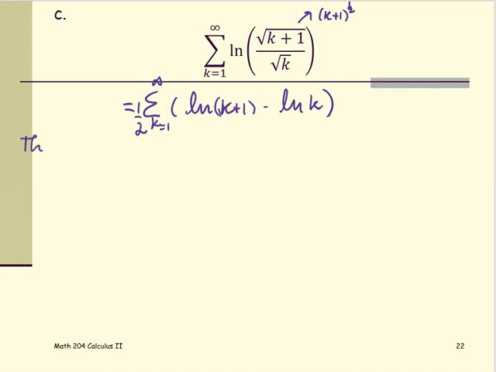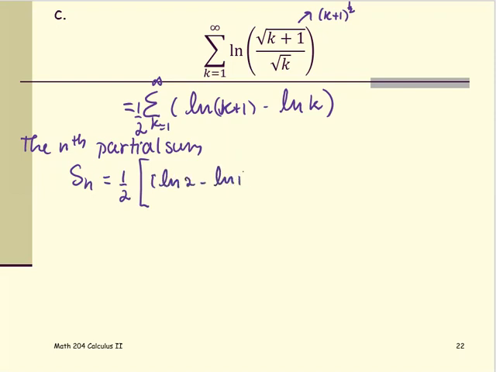Starting with finding the n-th partial sum, which is Sn. Have the common factor 1 half. For k equals 1, we have natural log 2 minus natural log 1, added by, for the k equals 2 term, natural log 3 minus natural log 2.